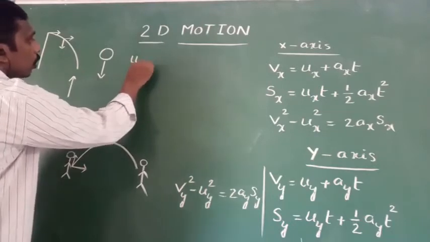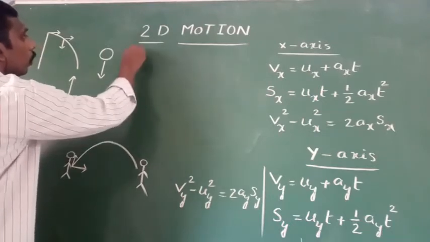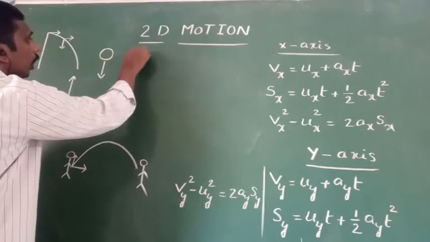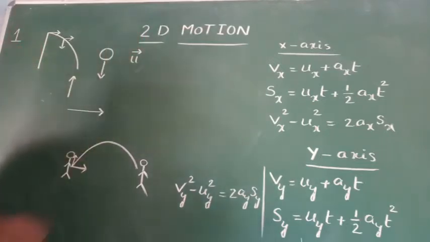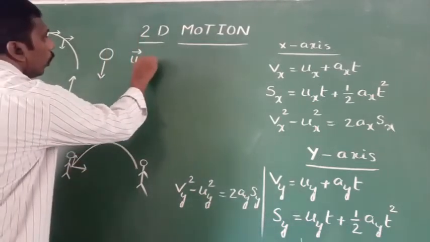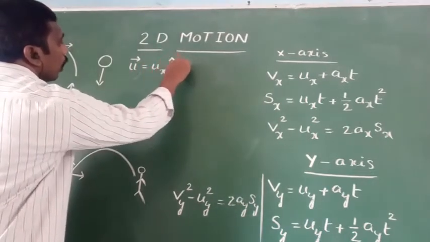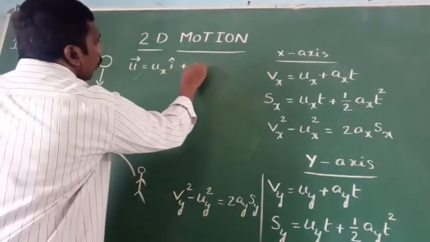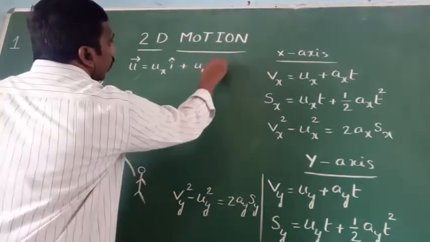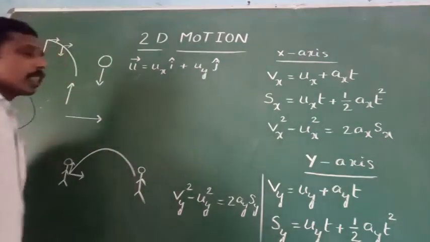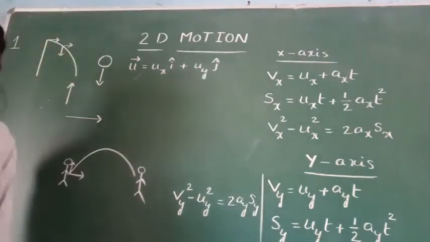Velocity is a vector quantity. Initial velocity u bar is equal to ux i cap plus uy j cap.